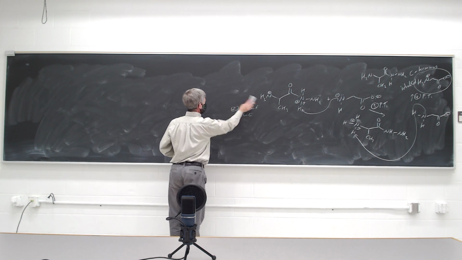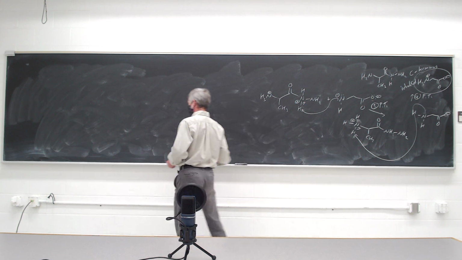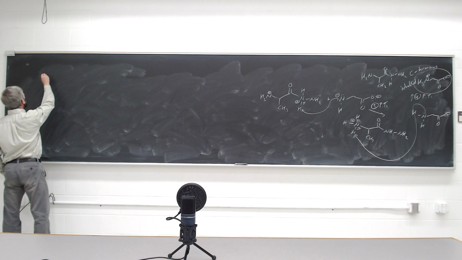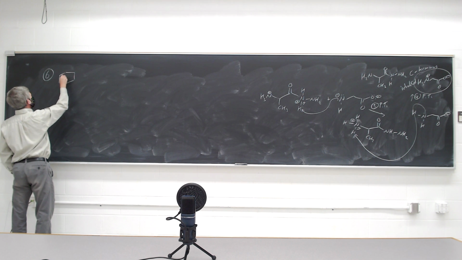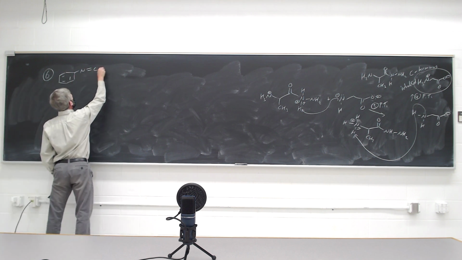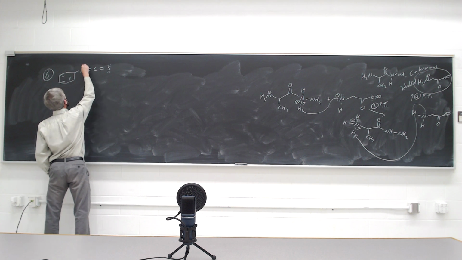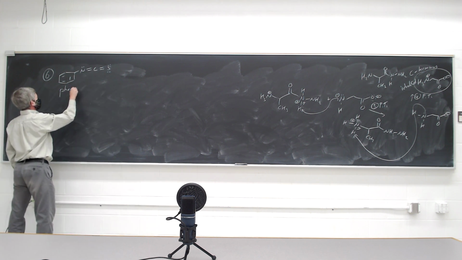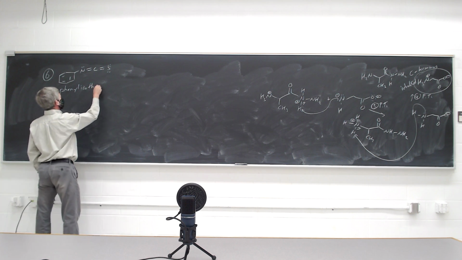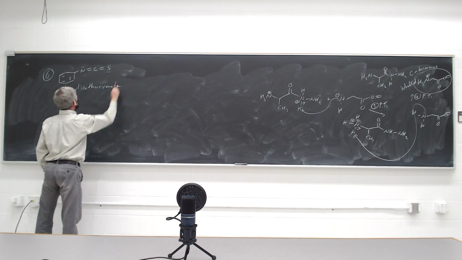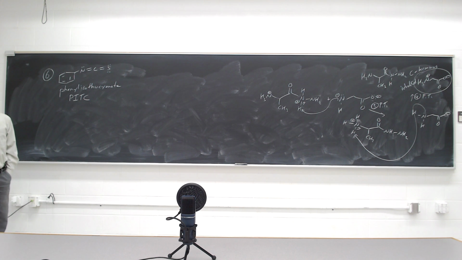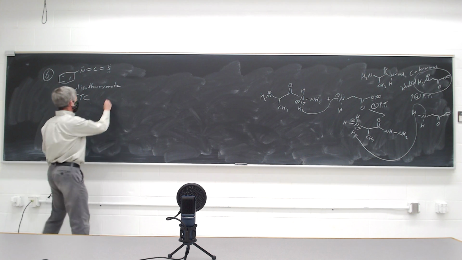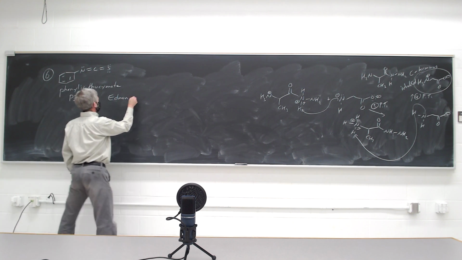So we need some additional reagents that are going to give us some more information than just those. Another reagent that allows us to determine some information about our peptide is phenyl isothiocyanate, or PITC.